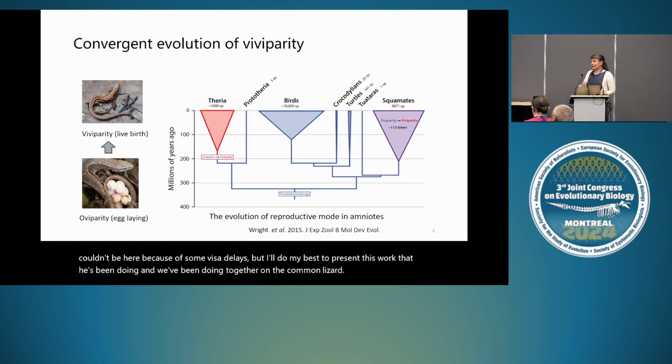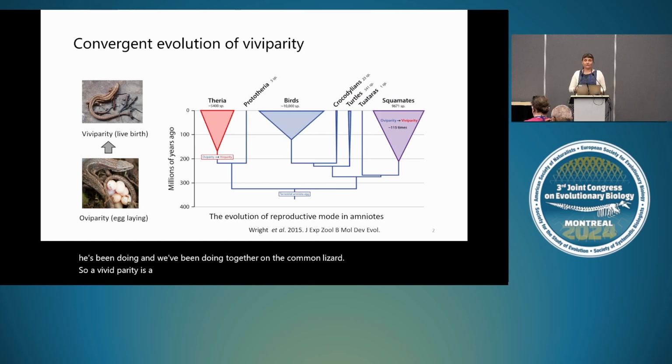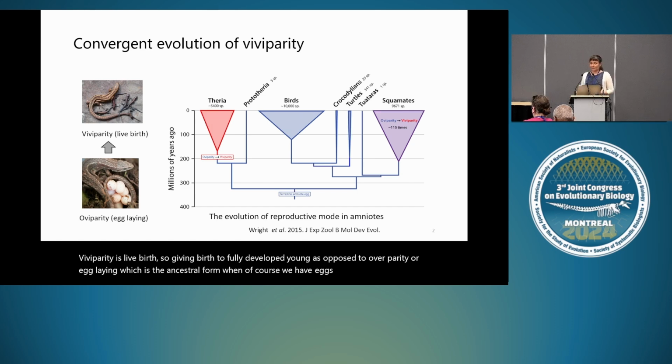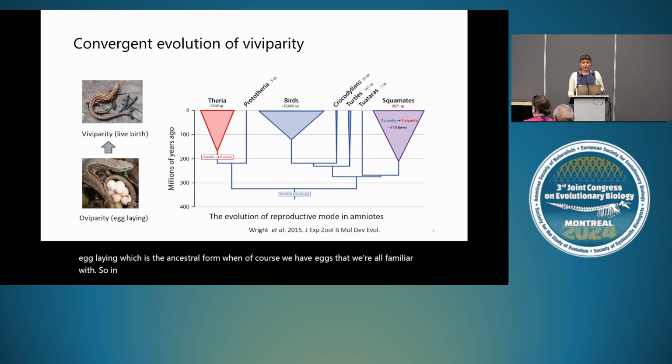So viviparity is a fantastic trait to study in the context of convergence. Viviparity is live birth, giving birth to fully developed young, as opposed to oviparity, or egg laying, which is the ancestral form, with the eggs that we're all familiar with. In the mammals, we have had one origin of viviparity, the placental mammals, including ourselves.